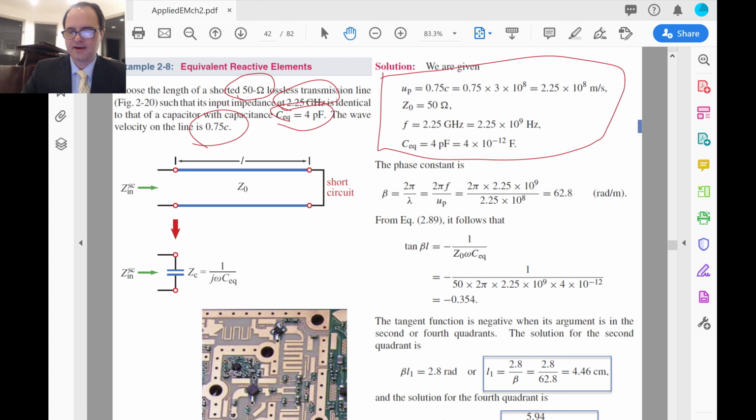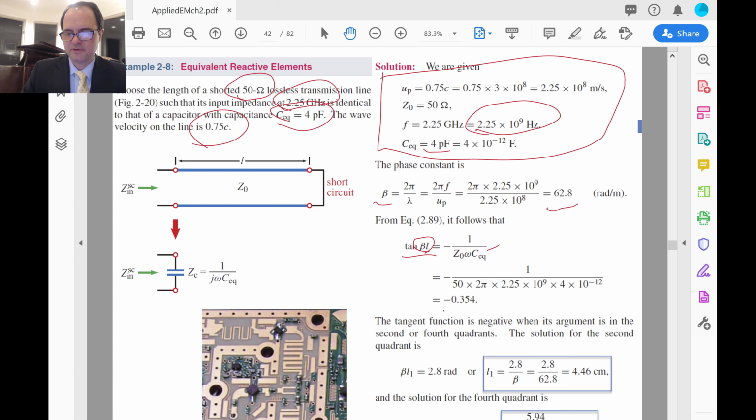We calculate first the beta. We need that to put into our tangent beta L. We want to solve for L, so choose the length. We're given C equivalent of 4 picofarads, omega is 2 pi f, and f is this, and Z naught is 50 ohms.